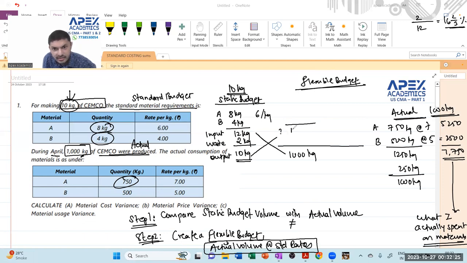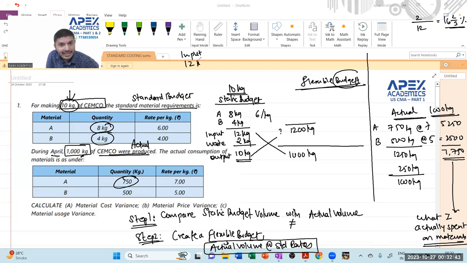My answer here will be I need 1200 kg of input as per my budget, as per my standard. And here it is clearly asked that in an input of 12 kg, I have A of 8 kg.